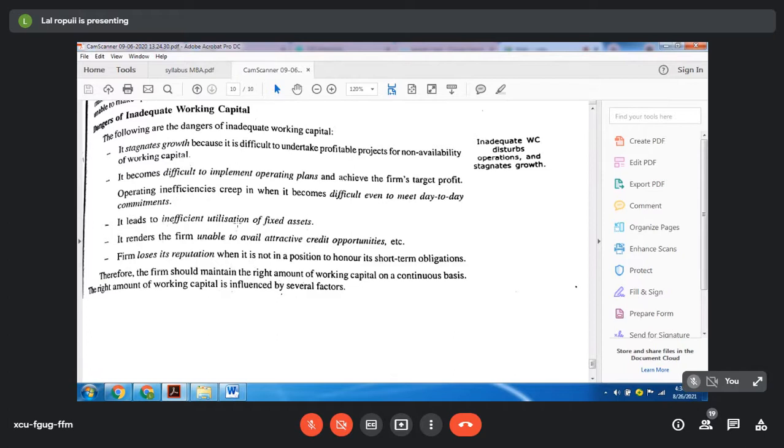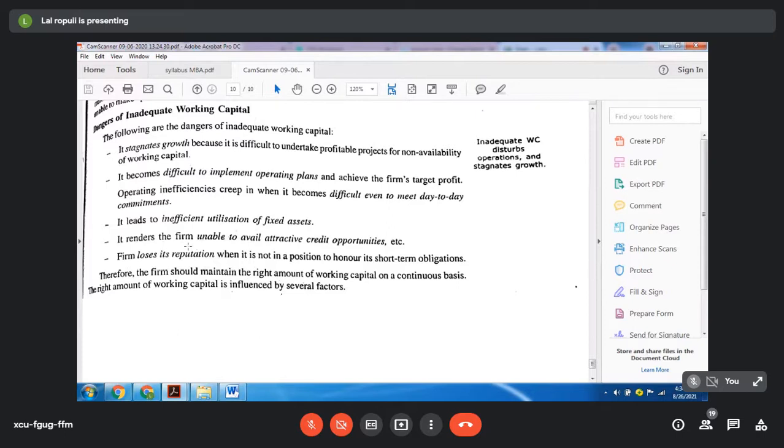It leads to inefficient utilization of fixed assets. Fixed assets can be equipment or machineries. If there is no working capital or inadequate working capital, then you cannot engage additional labor or employees, which results in inefficient utilization of fixed assets, okay?